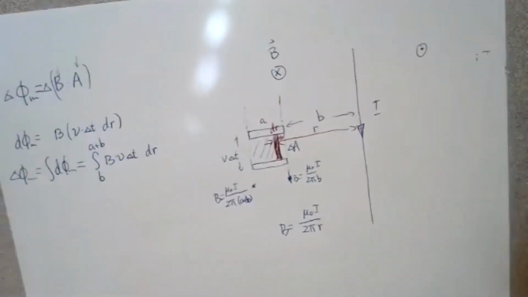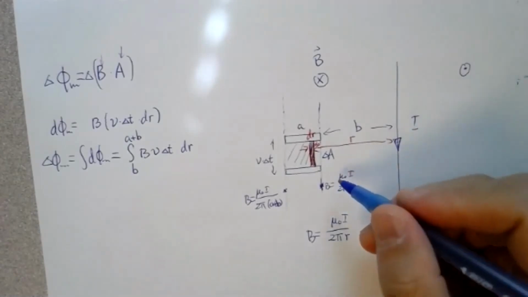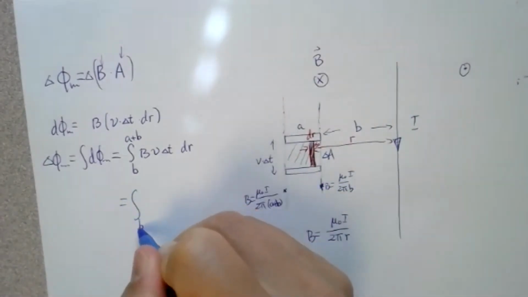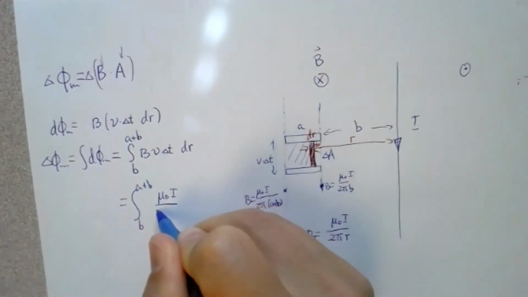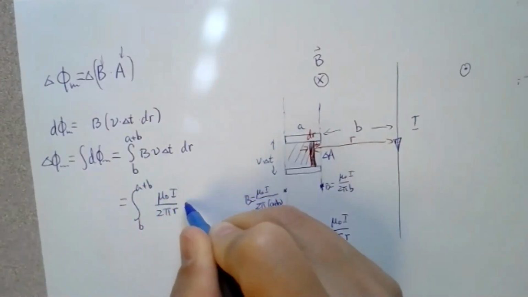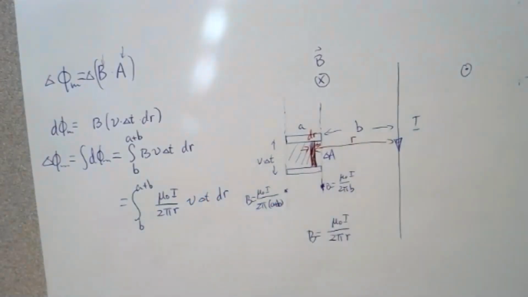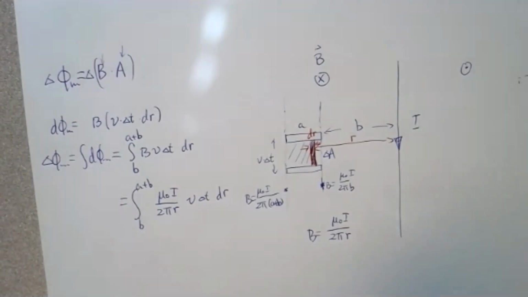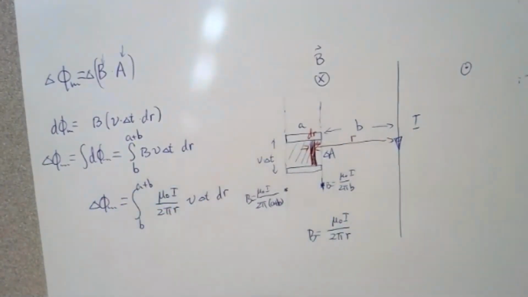And your B field at distance r away is mu naught I over 2 pi r. That's your B times v times delta t dr. That will be equal to your change in magnetic flux.